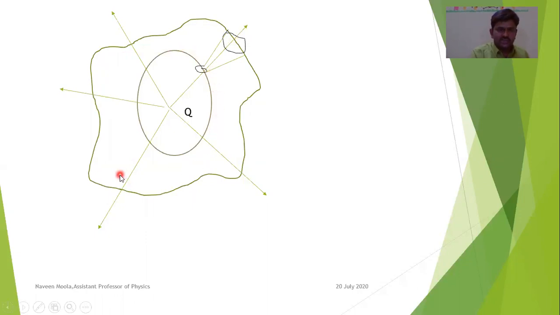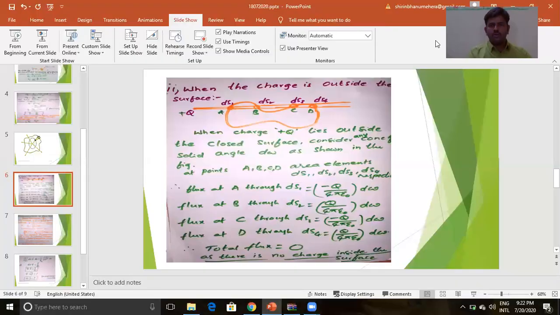So the entire flux coming out of this asymmetrical shape is the only flux which is coming out of this sphere. So we can say the solid angle made is 4 pi. Here I am not giving geometrical support that integral d omega is equal to 4 pi, but like this also we can understand that the angle is 4 pi.